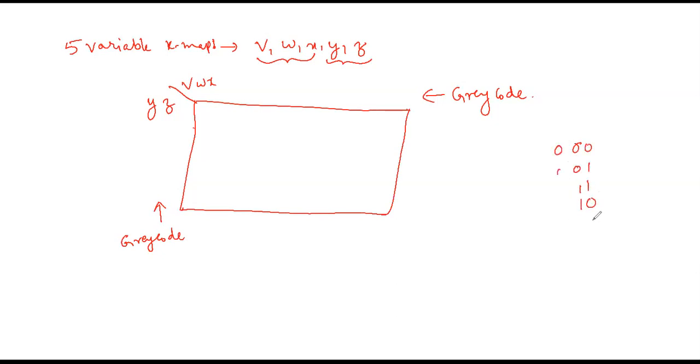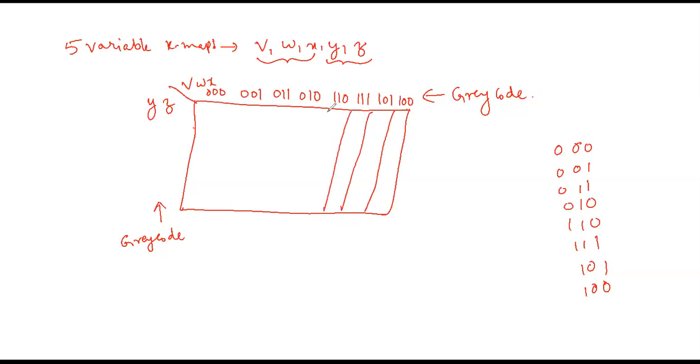So upper sides are 0. Okay. Y, Z, the 2-bit gray code we know: 00, 01, 11, 10.